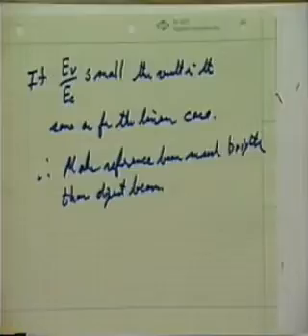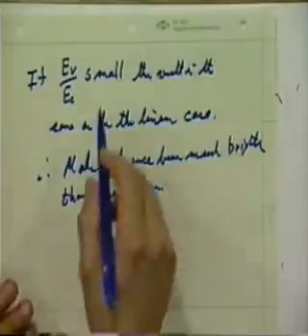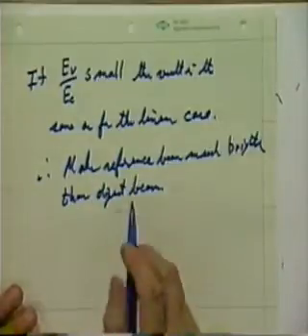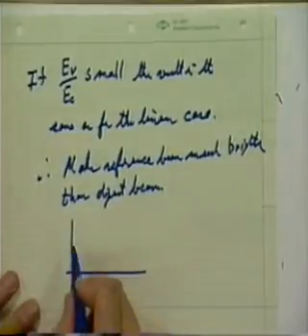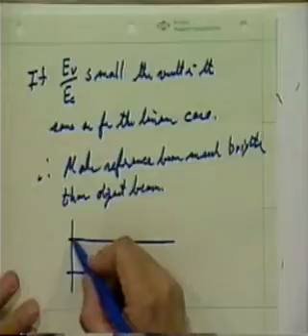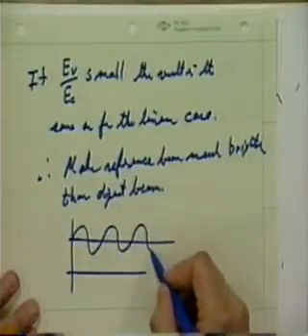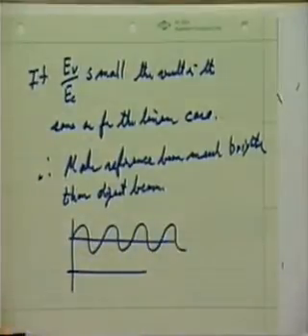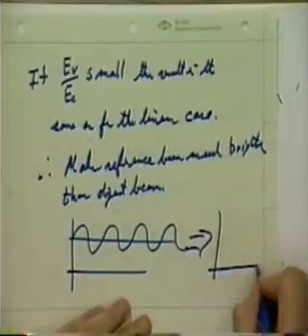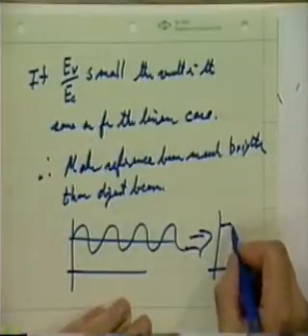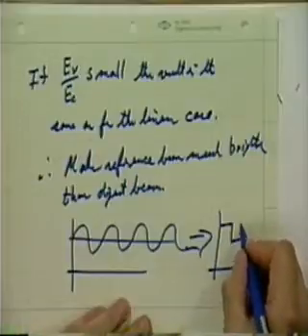And now if we think about what we're really doing here, the fringes that we're recording are sinusoidal fringes. And if we record these with a nonlinear process, the sinusoids will become, well, maybe not square waves, but more like square waves.